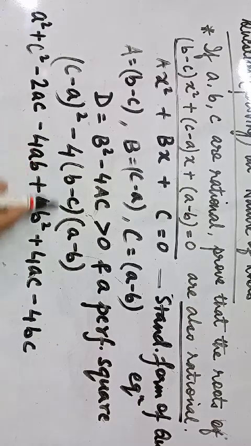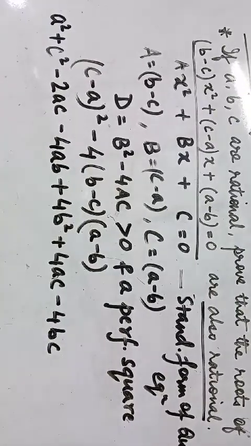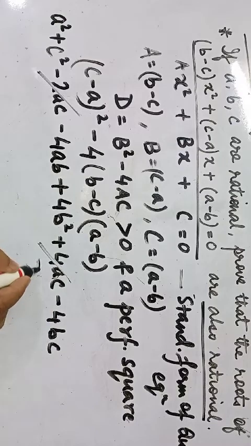I have expanded these two brackets and this 4 all together, you can just check later on. So this is my B square minus 4AC. Let me simplify this so that what can be cancelled. You have this minus 2ac and this plus 4ac, which is going to give you plus 2ac.